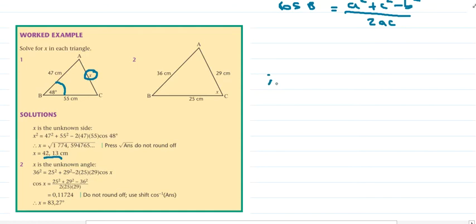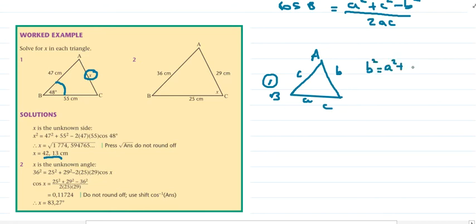If you look at number 1, we want to find x. If we look at that figure there, there's A, B, C. This is small c, small a and small b. So what they have applied is that b squared is equal to a squared plus c squared minus 2ac cos angle B. But our b here was x squared.